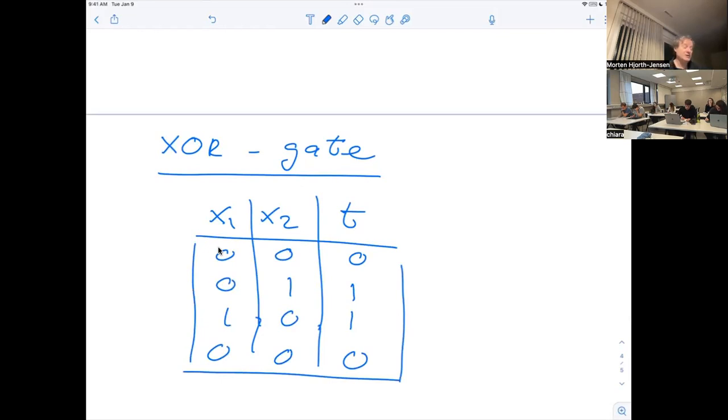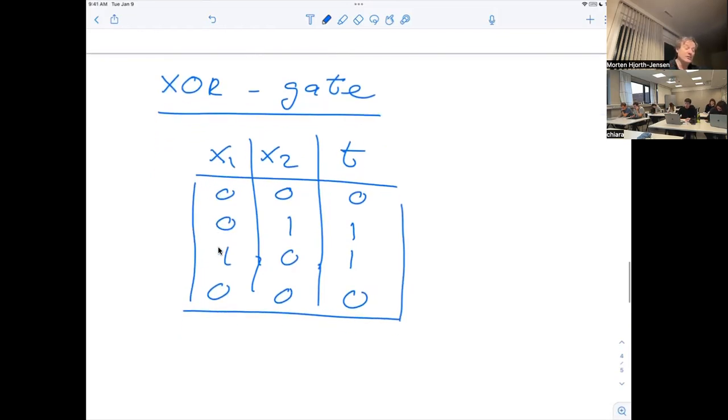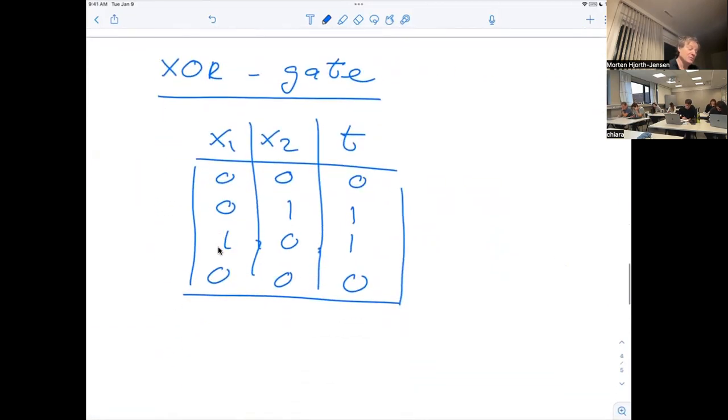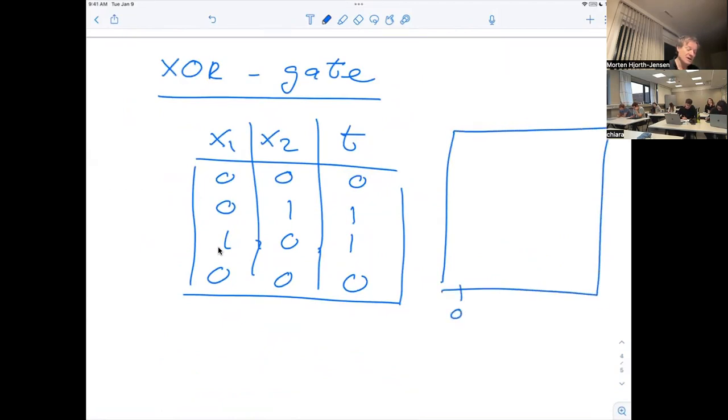Now, if we plot this in the same way as we did for the OR gate, let's look at a simple plot here. So we have 0, this is x1 again, and we have 1, and we have 0 and 1 here, and this is x2. Now if we have 0, 0, then we get 0.